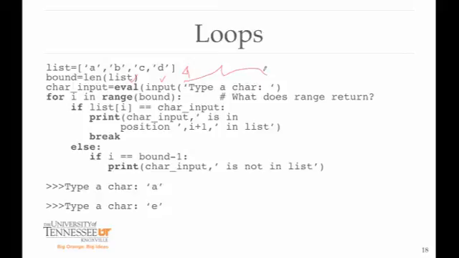That's consistent with a lot of languages like C and C++, because we want the most general representation of what the user is typing, and then we'll go back and convert it to whatever we need it to be in terms of computation or comparison. So that's exactly what eval is going to do. The user is going to type a character, and the eval is going to convert it appropriately to a character. In this case, we call it char input or character input.